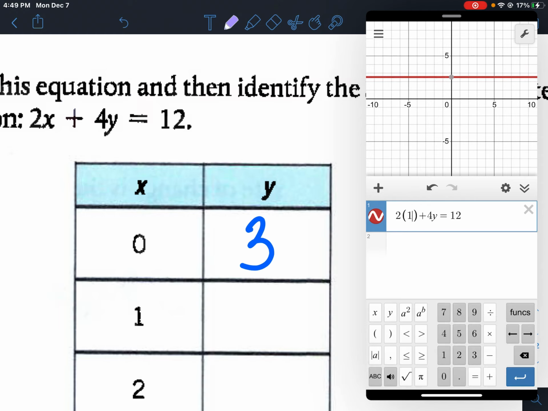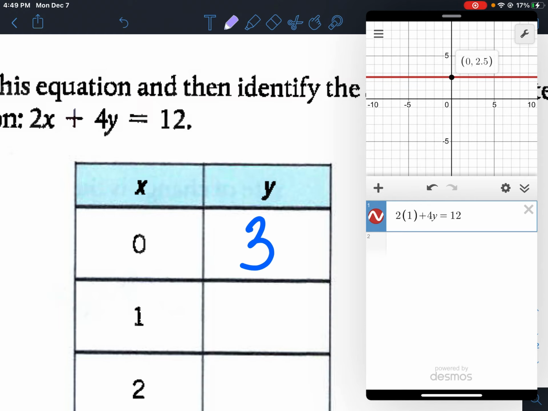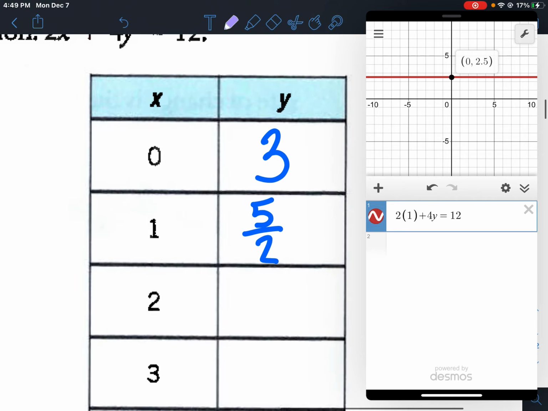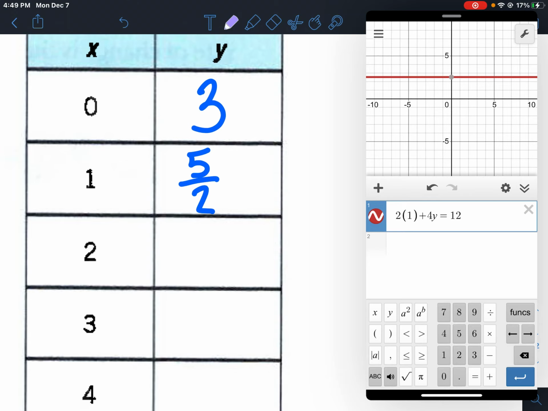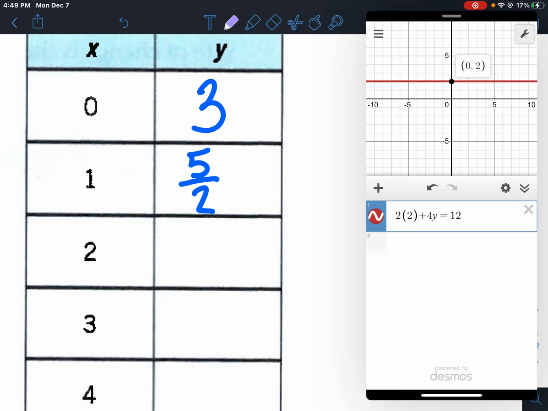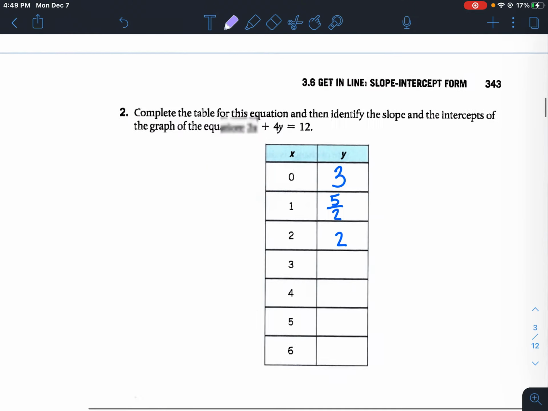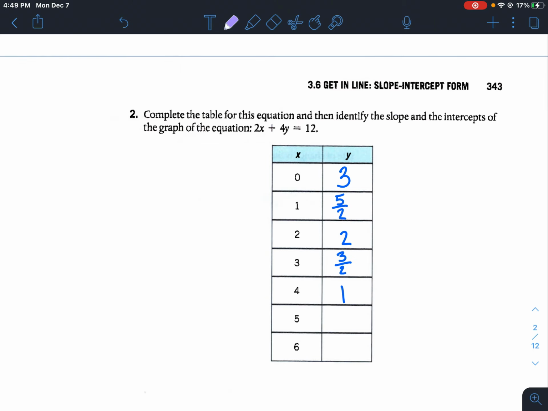And then if I just backspace, plugged in 1, 2.5, or 5 halves. If I plugged in 2, I would get 2 as my answer. My y value would be 2. And then I could keep doing that for all of them. I'm not going to tediously walk you through that, but there you go.